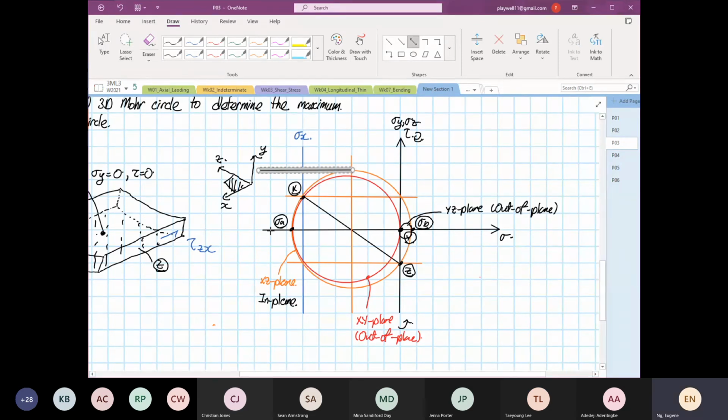So now we know the actual position. This is our tau max XZ, and this is the tau max. We have to use this value, there's no other value that we can use.